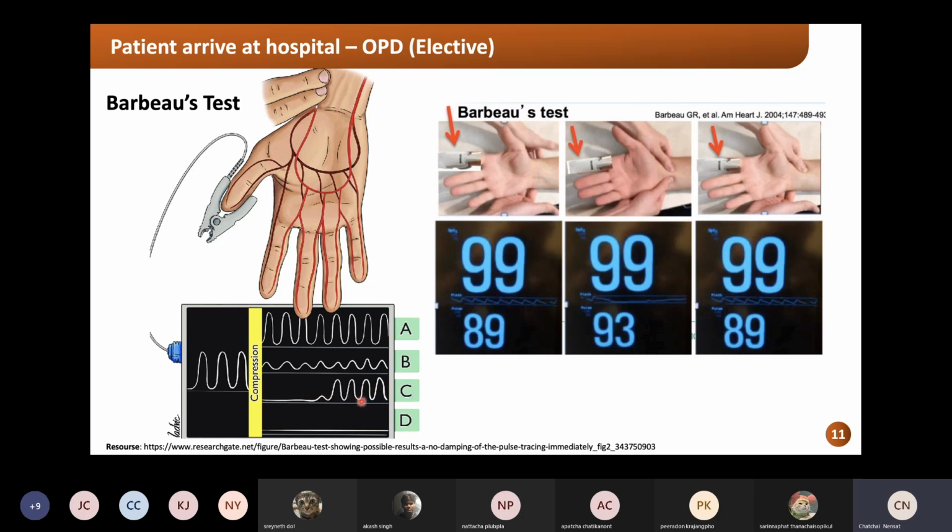In case you see the pulse wave return to normal, you can interpret that there is no problem in the peripheral circulation between the radial artery and ulnar artery of the patient.